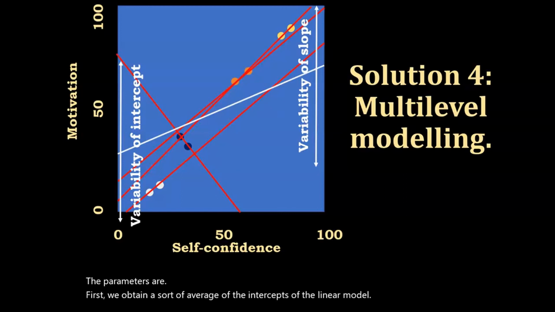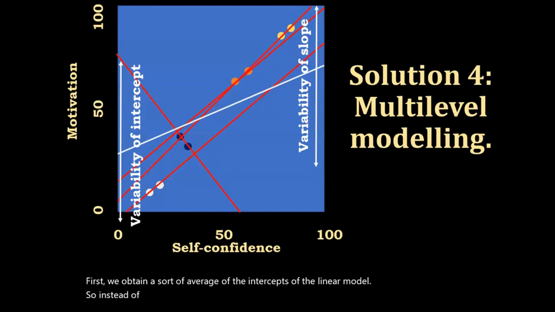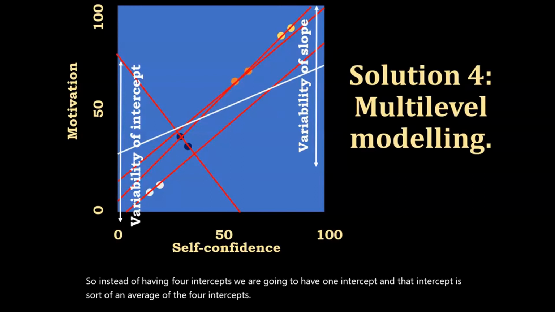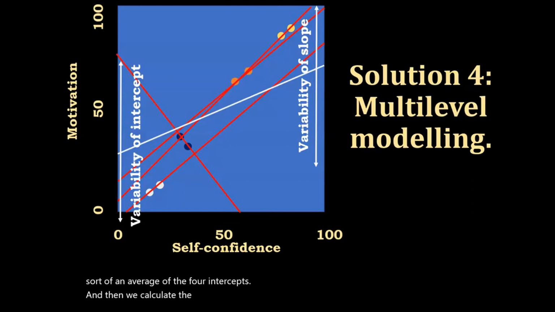So instead of having 4 intercepts, we are going to have 1 intercept, and that intercept is sort of an average of the 4 intercepts. And then we calculate the variability, so how far away the 4 intercepts are from the mean intercept. And we do the same for the slope. We calculate an average slope, and then we have a variability.